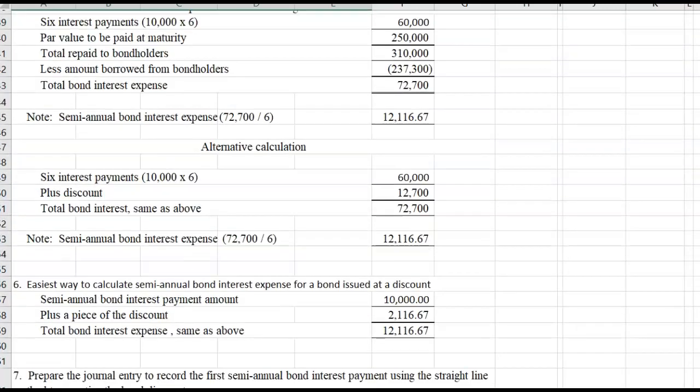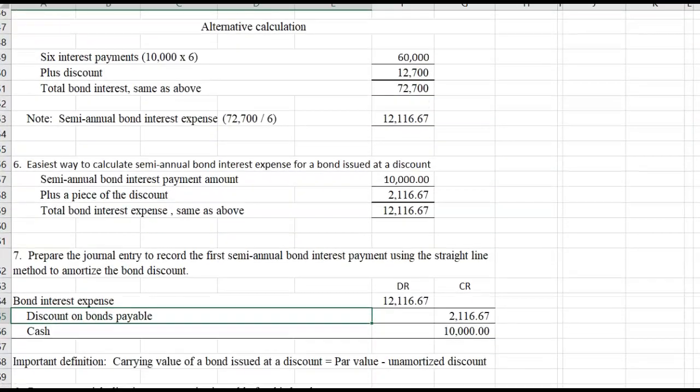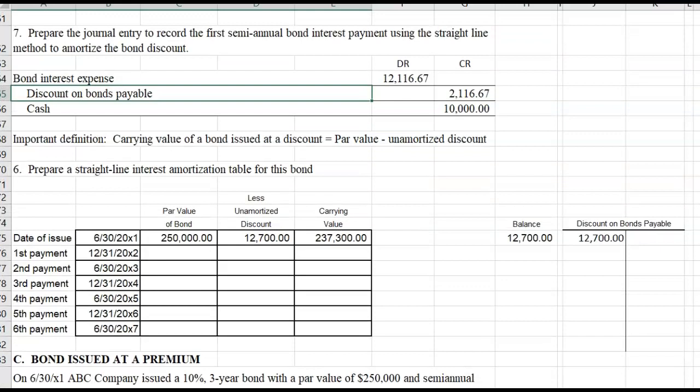We had originally debited the account when we issued the bond for $12,700, and every time we make each of the 6 bond interest payments throughout the 3 years of life of the bond, we're going to credit the account for $2,116.67. And we're going to do that twice a year for 3 years.